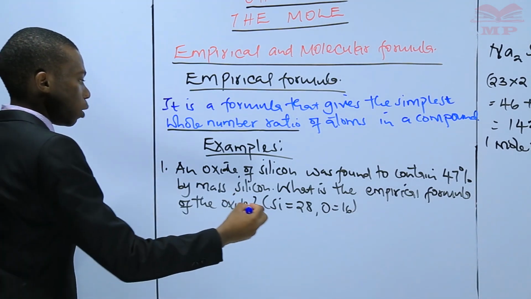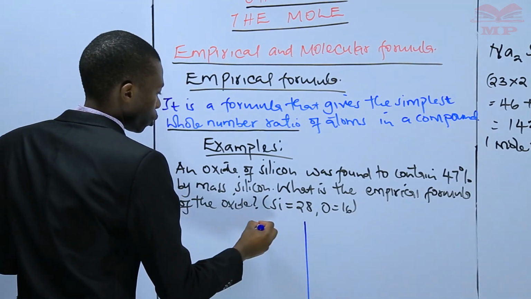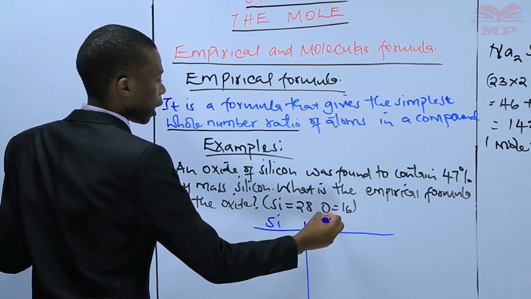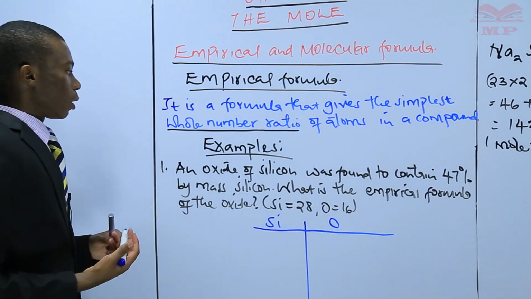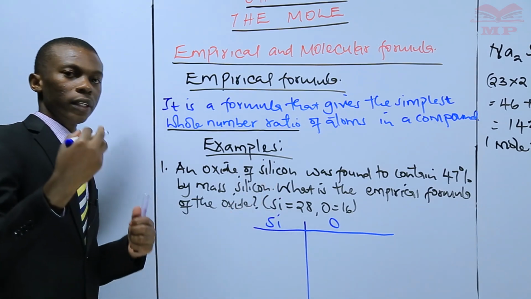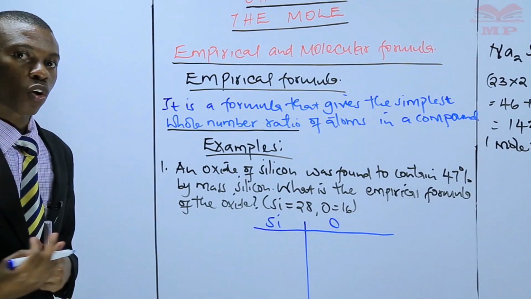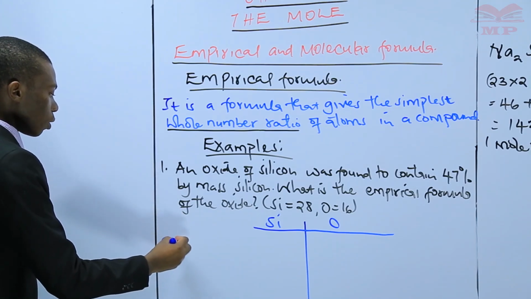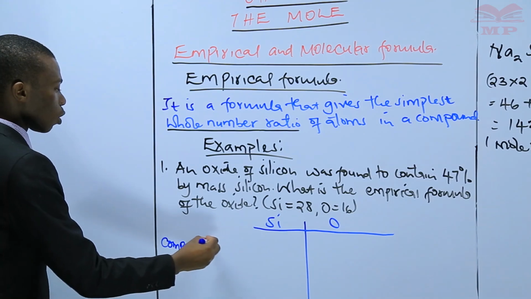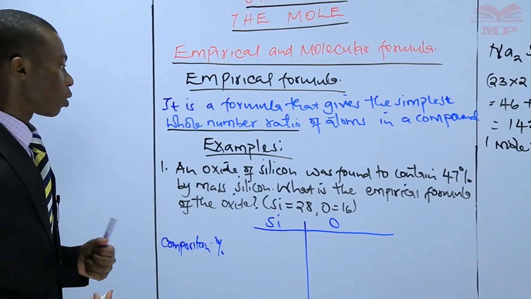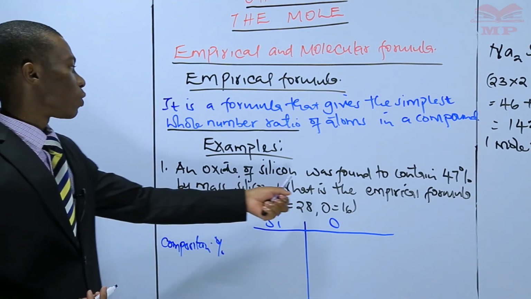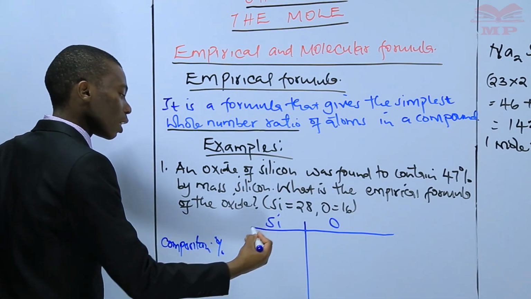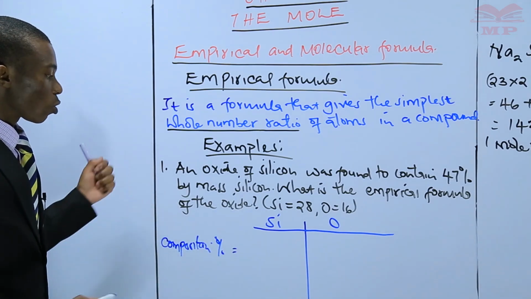Therefore, this is how we go about this. Here we have two elements, silicon and oxygen, because in the oxide of silicon, the silicon is combining with oxygen to form the oxide. You're told that an oxide of silicon was found to contain 47% by mass silicon.